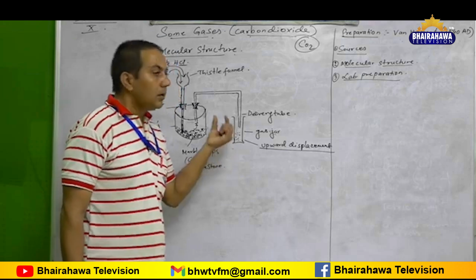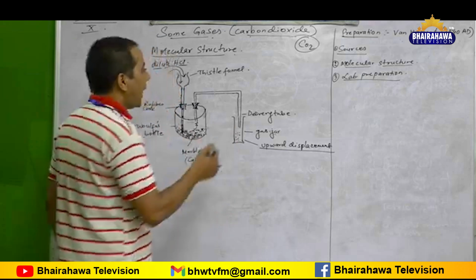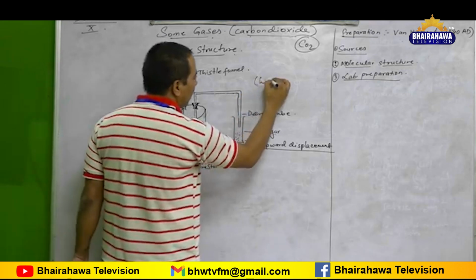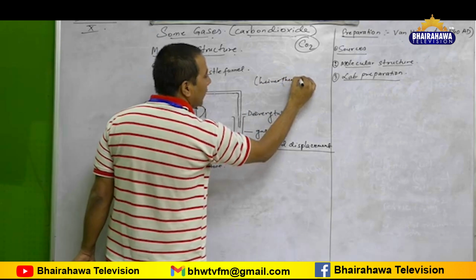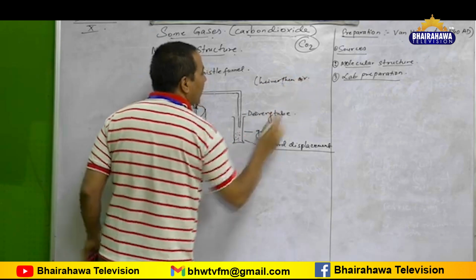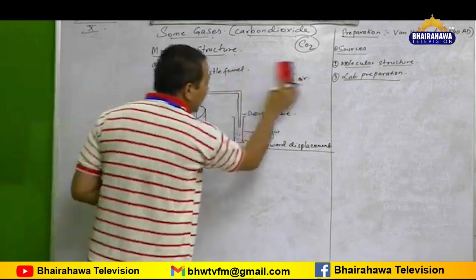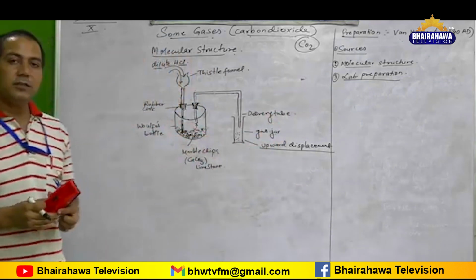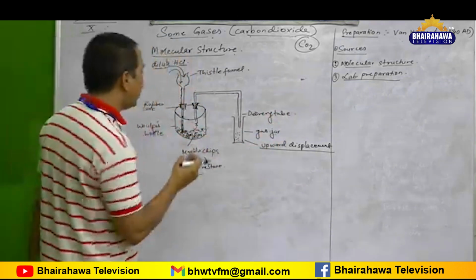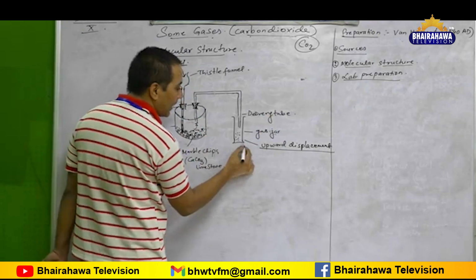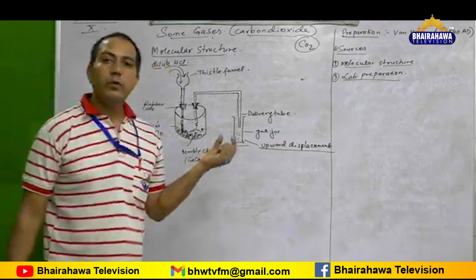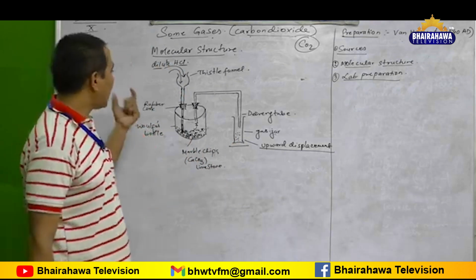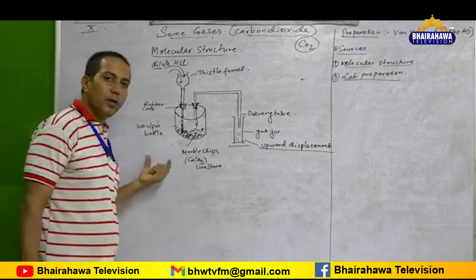Because carbon dioxide is heavier than what? Air. Okay, so it is heavier than air, that is why it is collected by upward displacement. So, in this way we can prepare carbon dioxide in the laboratory.